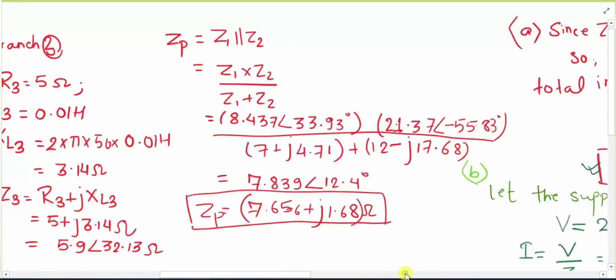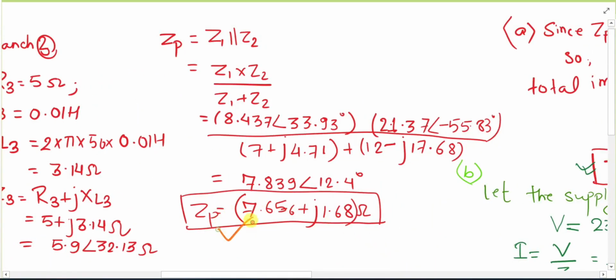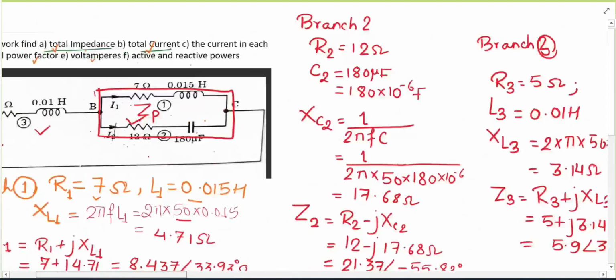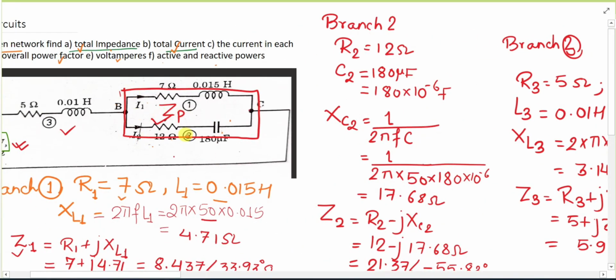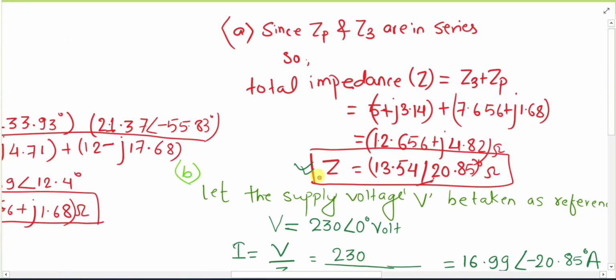That's why we identify the ZP, which was Z1 into Z2 upon Z1 plus Z2. After that, it's easily visible that the resultant will be in series with it. So we identify the total impedance, and this one was our total impedance. You can pause it and calculate yourself.